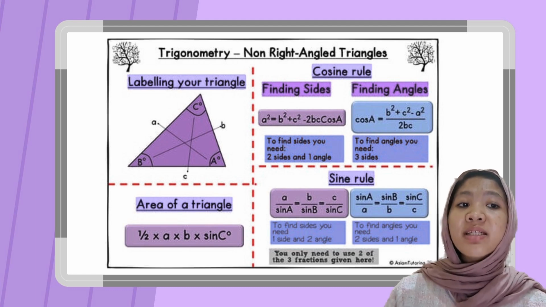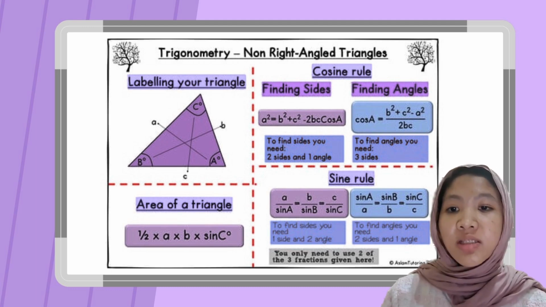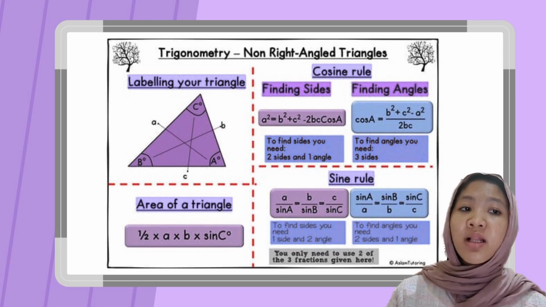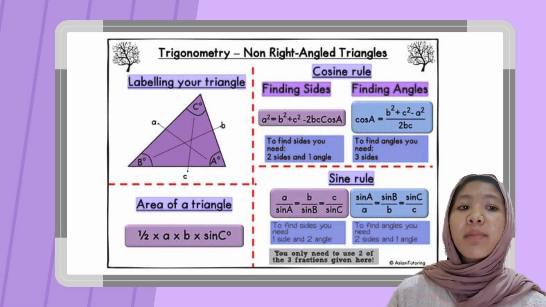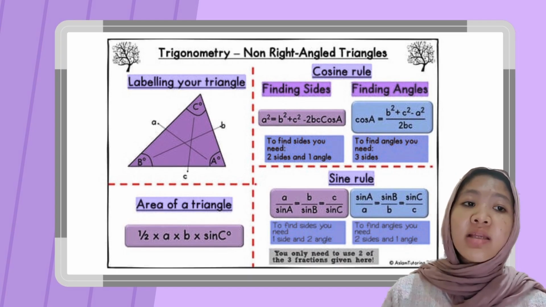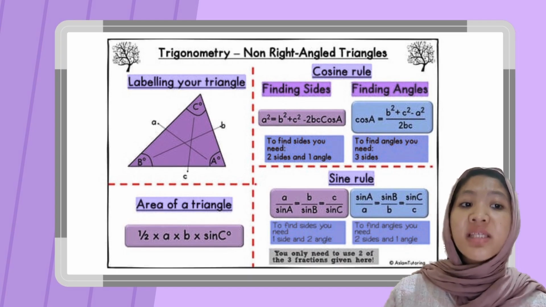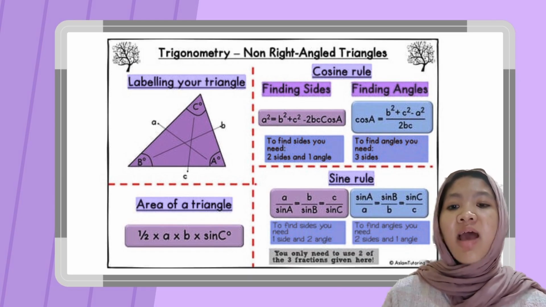Cosine rule, finding angles, the formula is cos A equals b squared plus c squared minus a squared, divided by 2bc. To find angles, you need three sides.